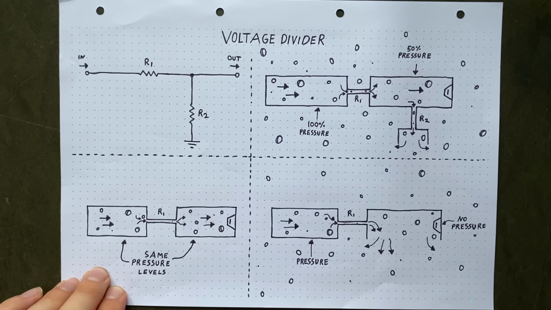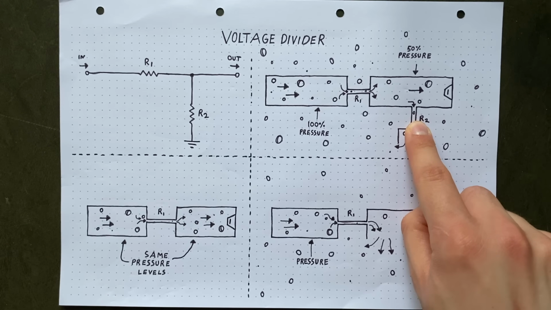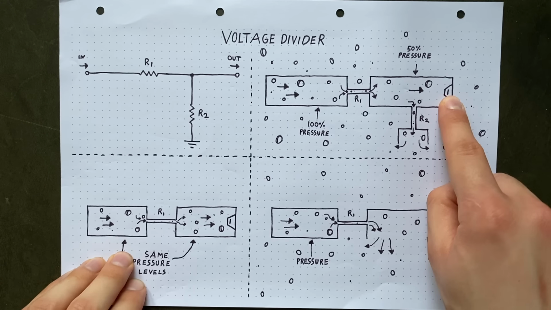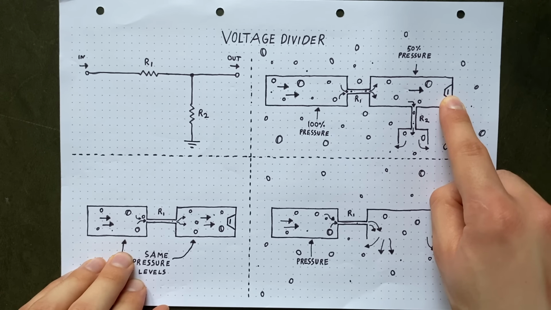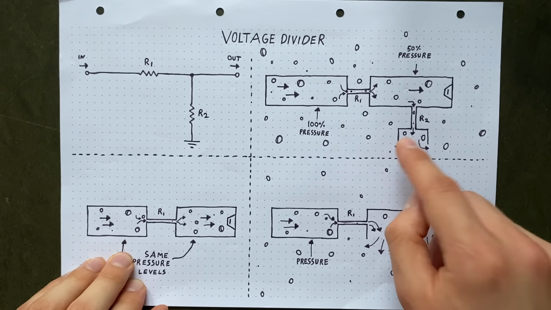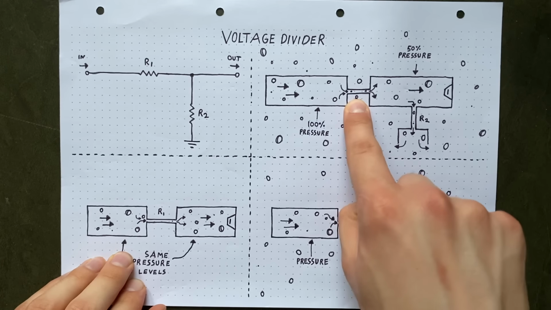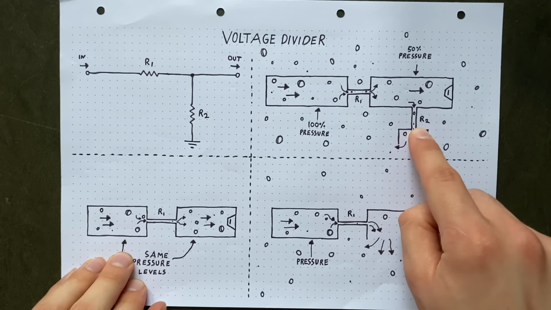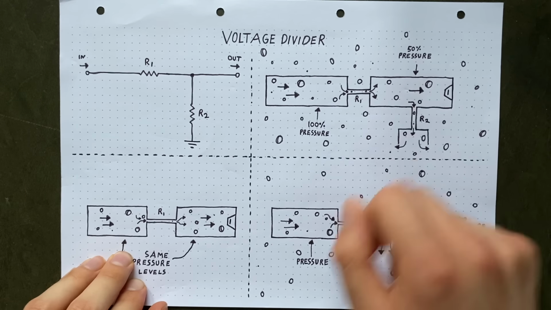But what happens if R2 is neither completely closed off nor wide open? Well, then the pressure here would accumulate to varying degrees, depending on the narrowness of the two resistor paths. So if pipe R1 is wide and pipe R2 is narrow, most of the pressure will be retained here.